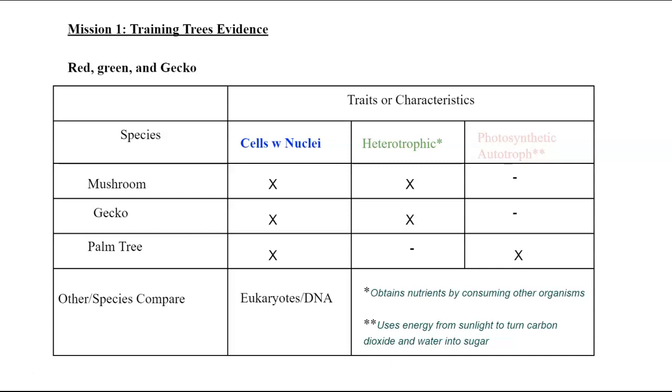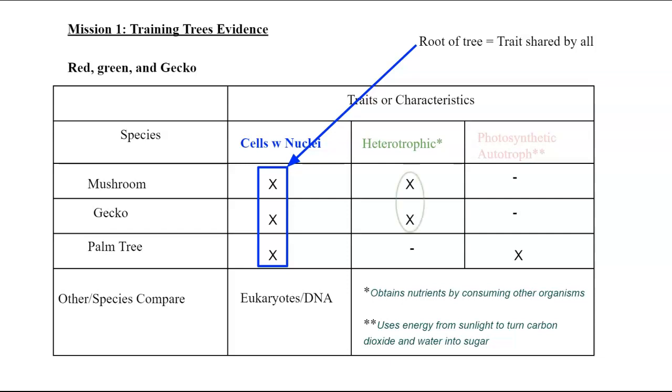So from this, I can literally build my family tree. The shared traits of all becomes the root of our tree, because they're shared by everybody, followed by the branch pair that share their traits. So they'll be in that little pit, that tuning fork, that U on the same branch together. And then you can see this is all by itself. It's its own branch, separate. It's speciated out all on its own.